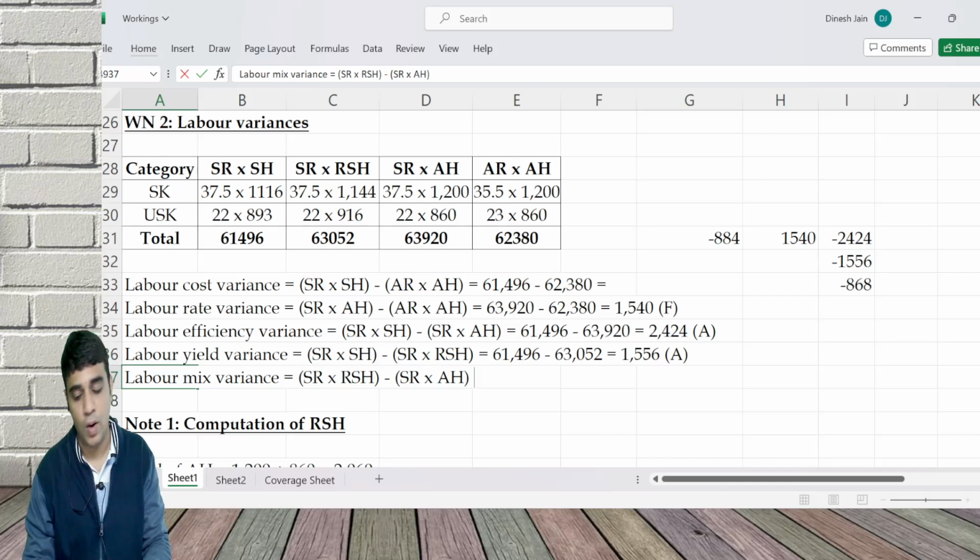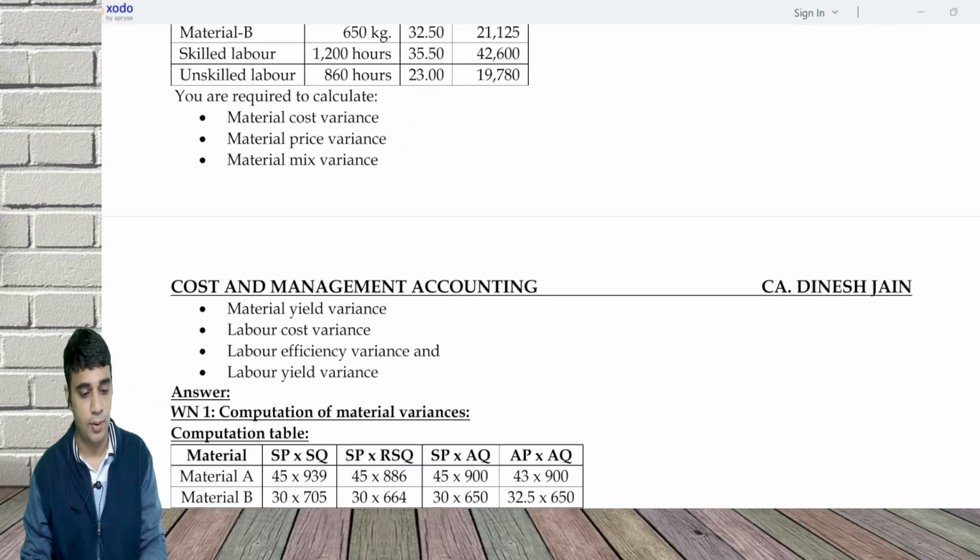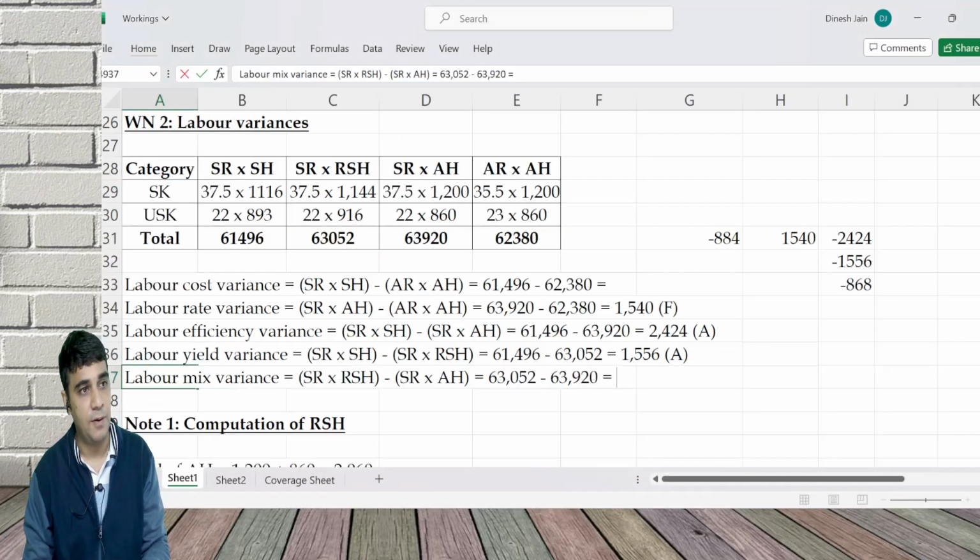In class I'm doing all variances. Whenever you do an exam problem, just see what is the requirement and answer that alone, and also use the name given in the question. For example, here they have used the word labor yield. Sometimes they'll use the word labor sub efficiency. Mix is not asked, but still I am doing it in the class. So see what is asked in the question and then answer that.